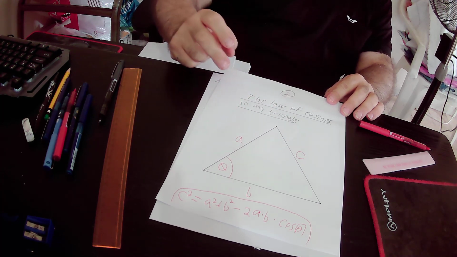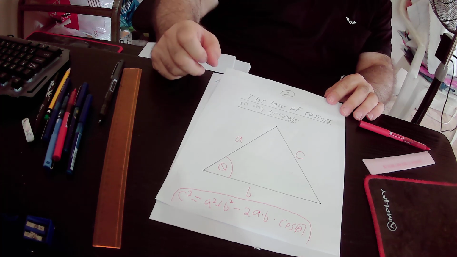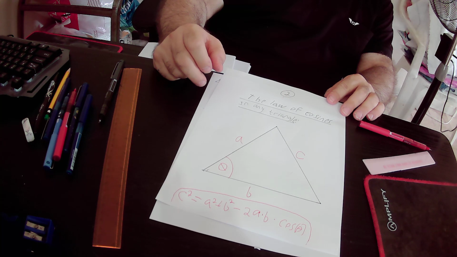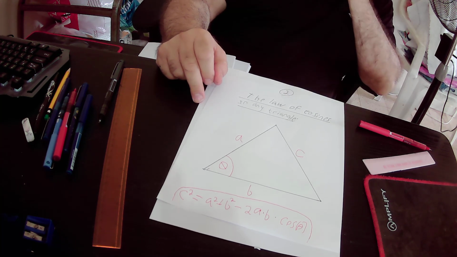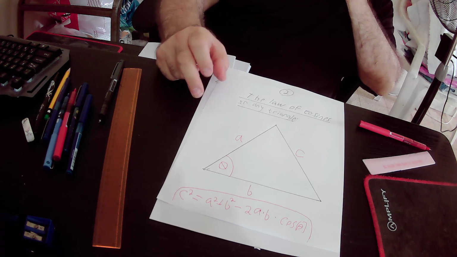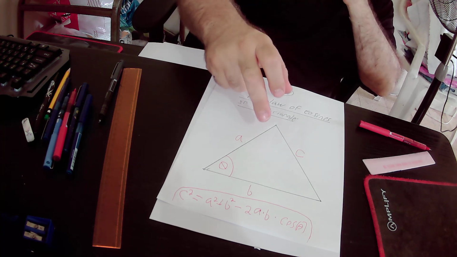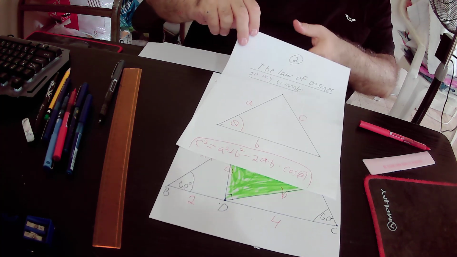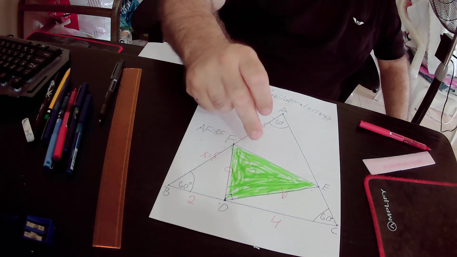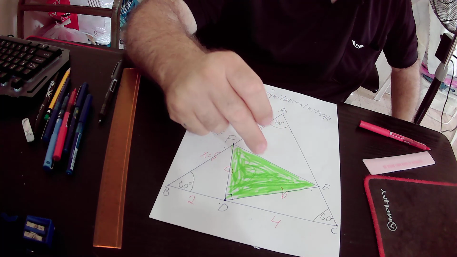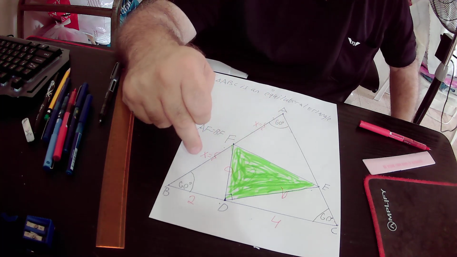And it is true for any triangle. Okay? So we actually can implement the law of cosines in triangle FBD.